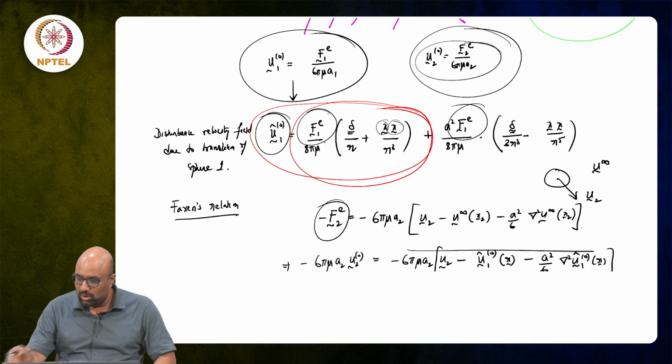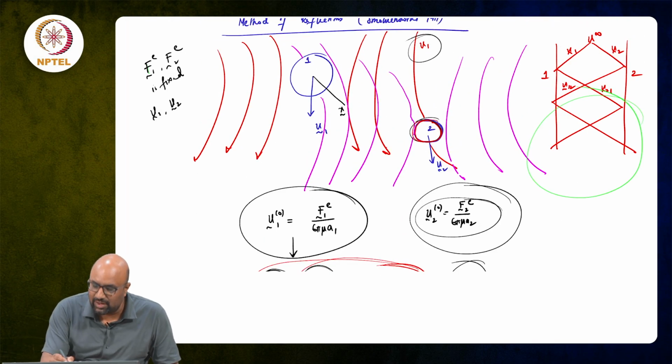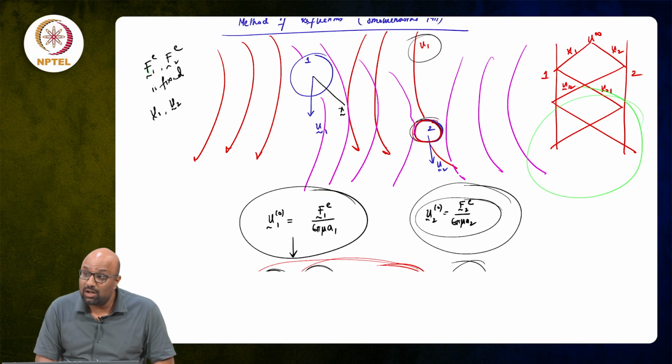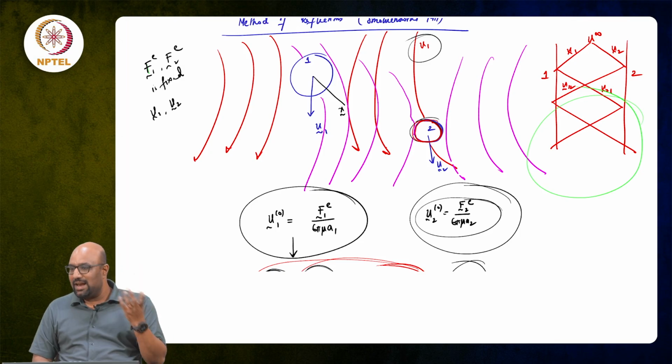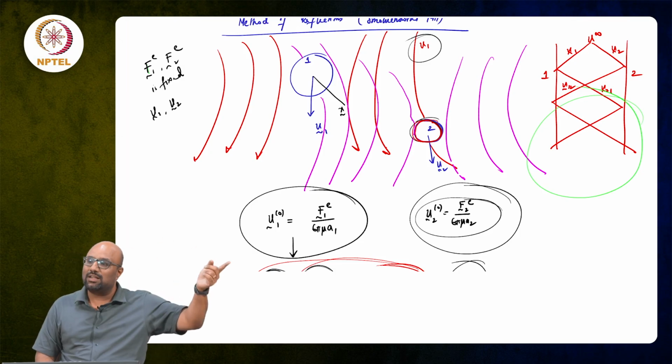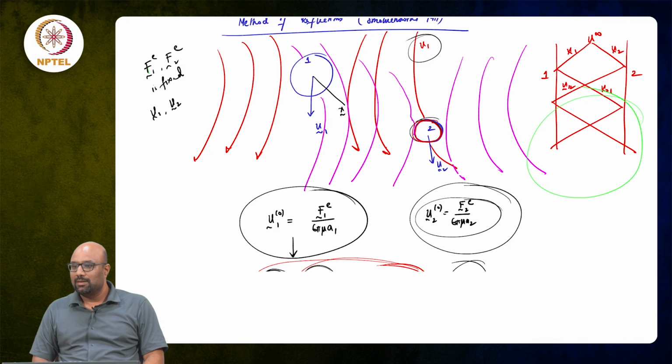So sphere 2, which is in the vorticity field of sphere 1, in order for it to be torque free, because there is no external torque, it has to spin. A translating sphere in isolation does not spin, but a sphere, when it interacts with another sphere, has to spin. But that spin is not going to create a drag on the particle, so it will not change the translational motion of the sphere, but you will get a spin.